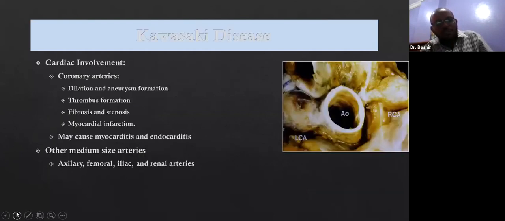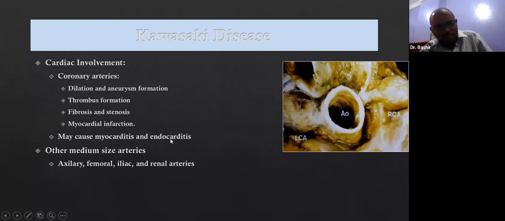Cardiac involvement, as we said, is the coronary artery. It can cause coronary dilatation or thrombus formation inside the coronaries, and after that it will heal by fibrosis, leading to stenosis and myocardial infarction. Also, it may cause myocarditis and endocarditis in the first stage.